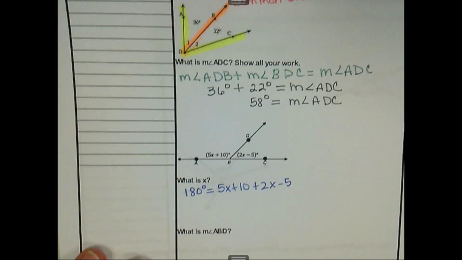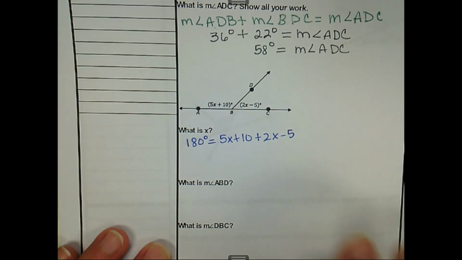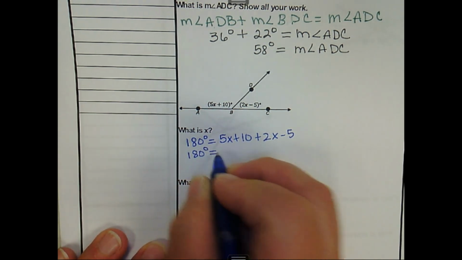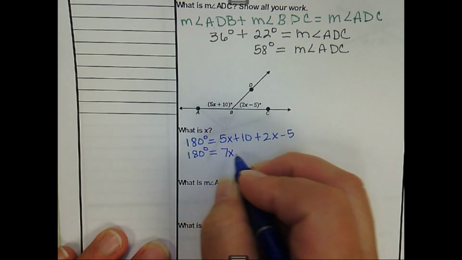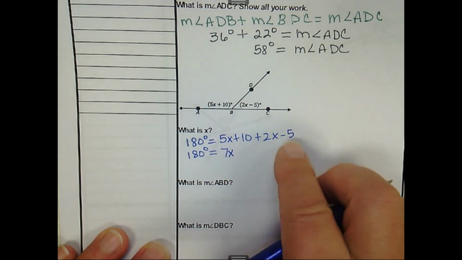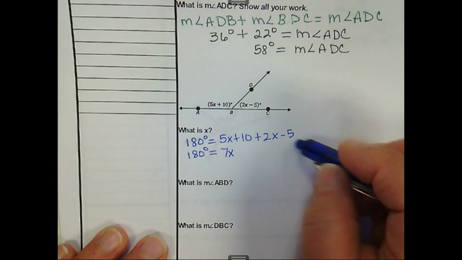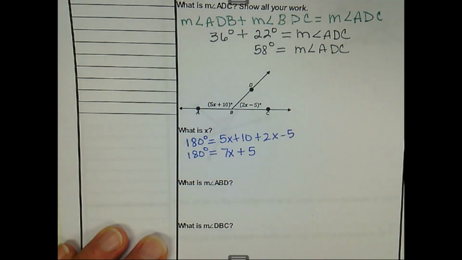All we did was add the measures together. It is an algebraic expression, an algebraic equation. 180 degrees is equal to 5x plus 2x is 7x, 10 minus 5 is 5. So it's 7x plus 5.